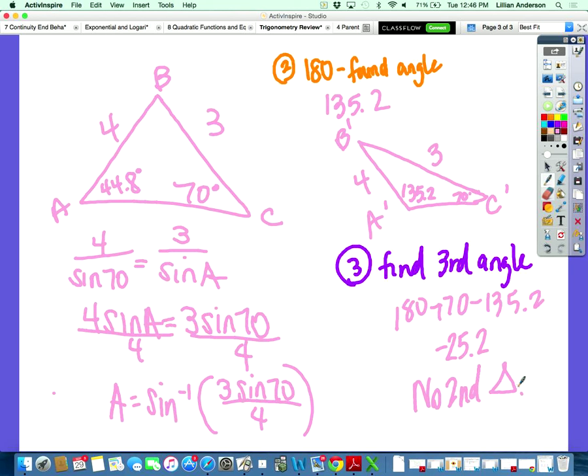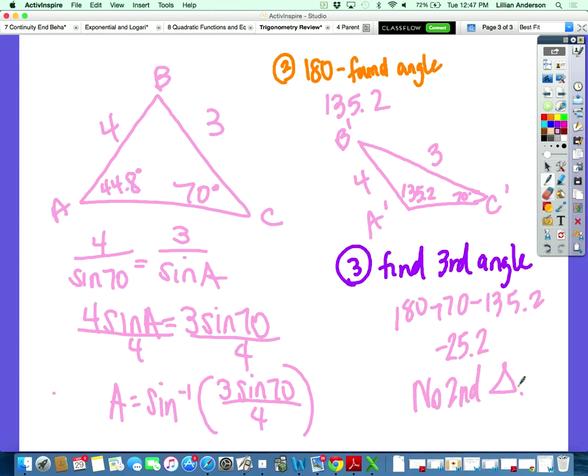What if it's positive, like 0.2? Then it's still a second triangle, so you would have two sets of answers: 2 angle A's, 2 angle B's, and 2 side B's. So it's 2, 1, or 0.